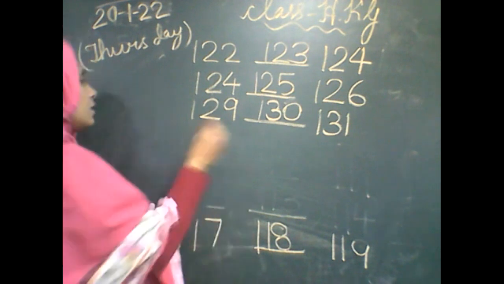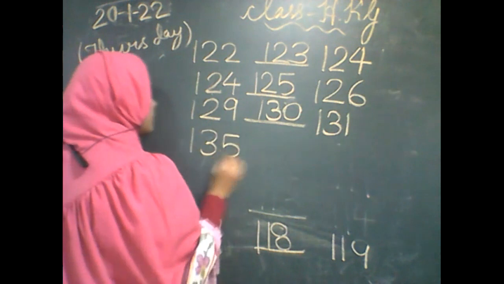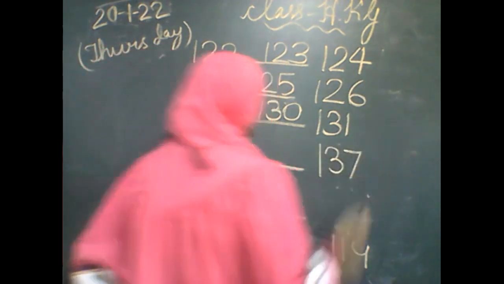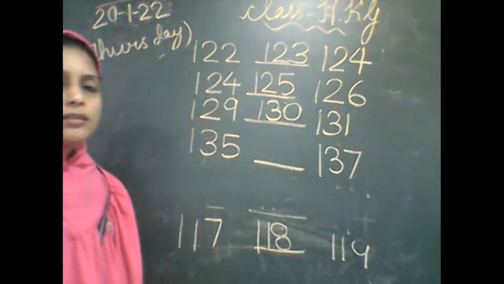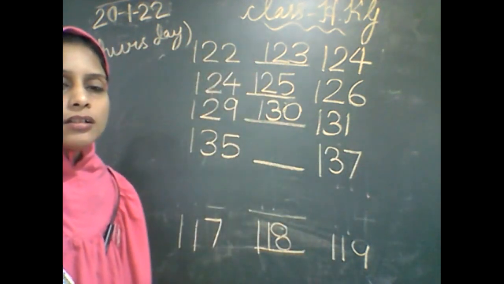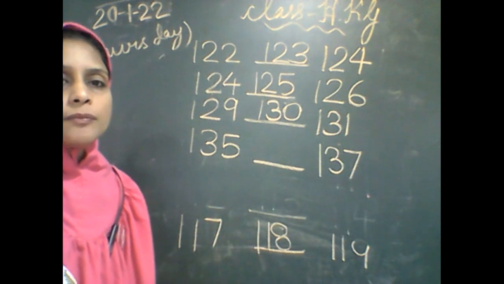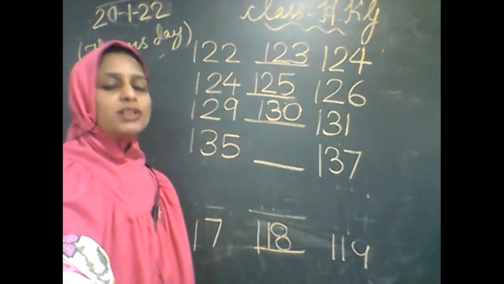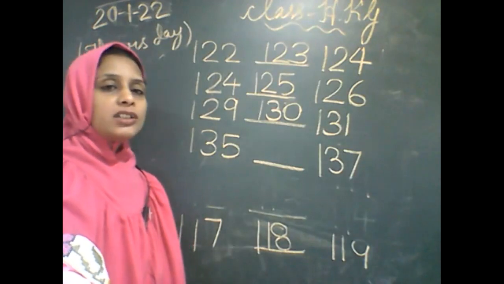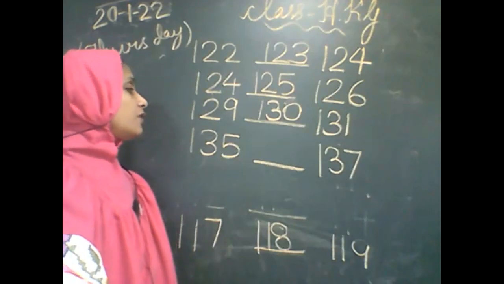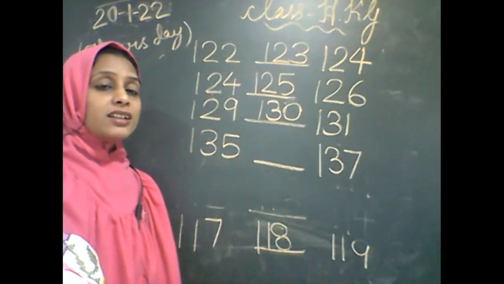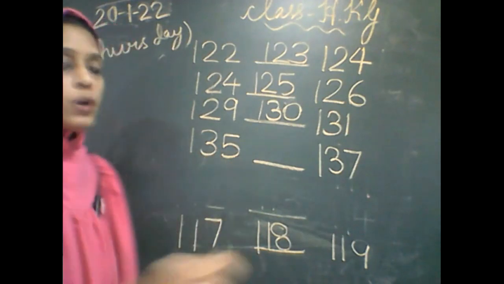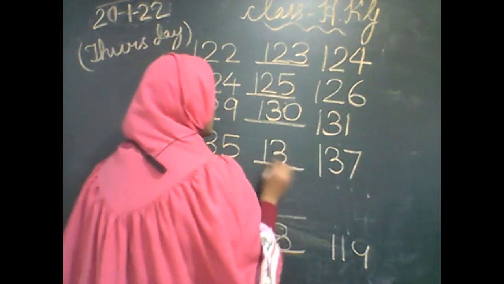Now the next one is 135 and 137. Chalo, let's say the counting. 131, 132, 133, 134, then 135, and what comes after 135? 136.